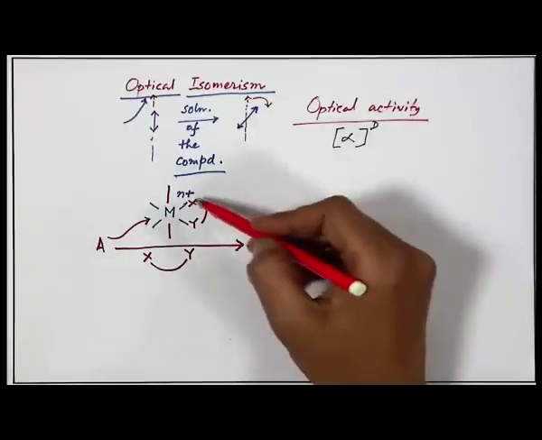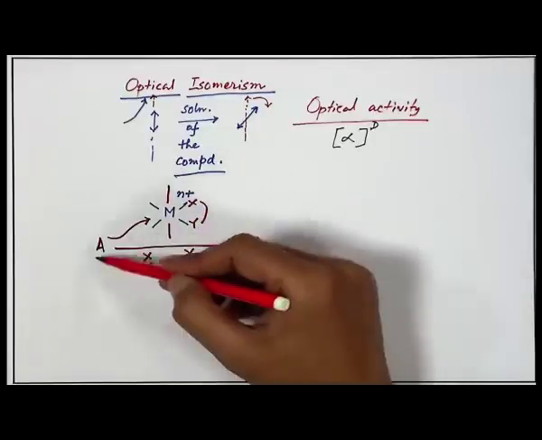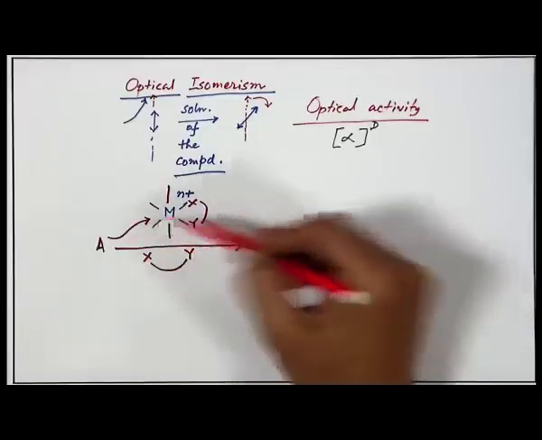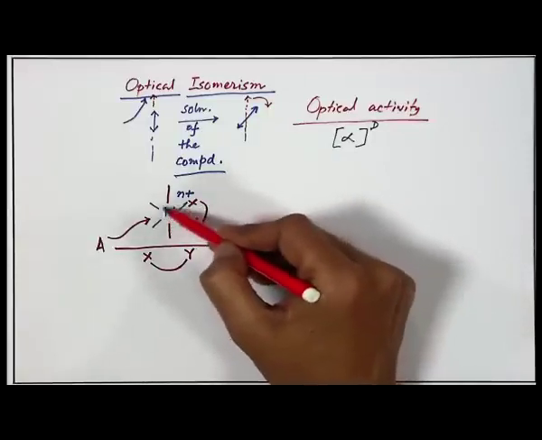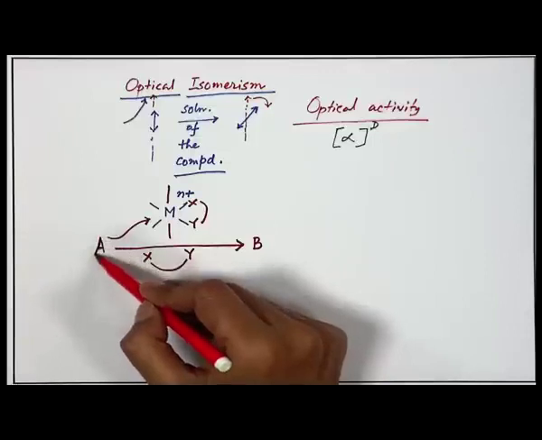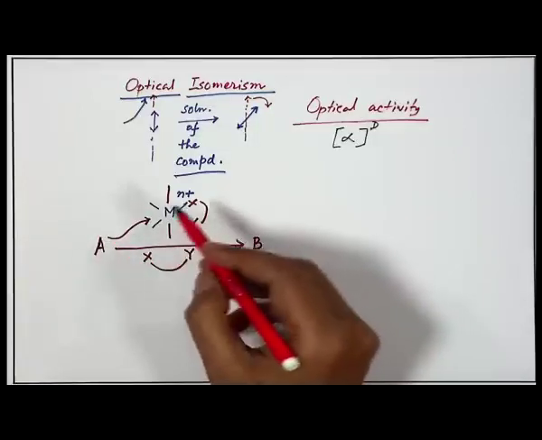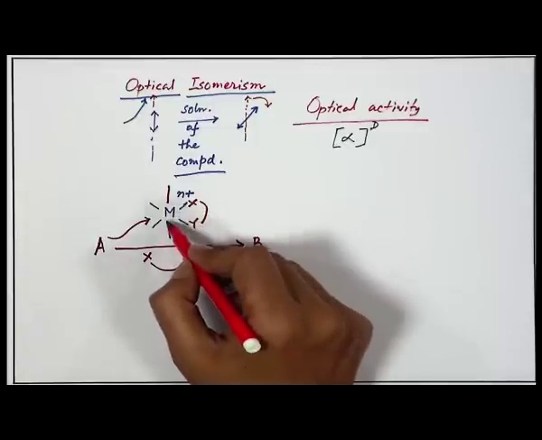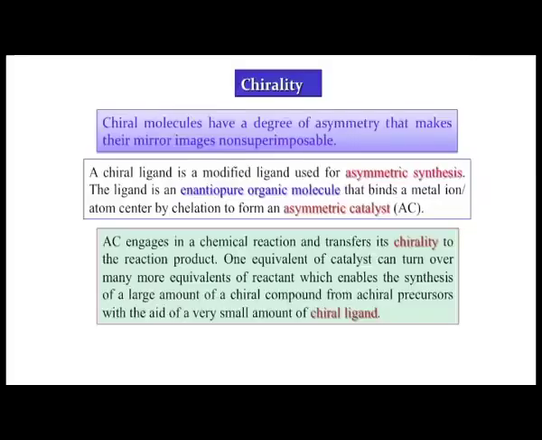So, some free sites or labile sites would be available to bind this A and convert it to B. And if your M is the corresponding chiral center, then if the chirality can be transmitted to the A or the B, that can also be an important factor related to the chirality of the metal ion center. So, that we get the corresponding chirality which can be transmitted.